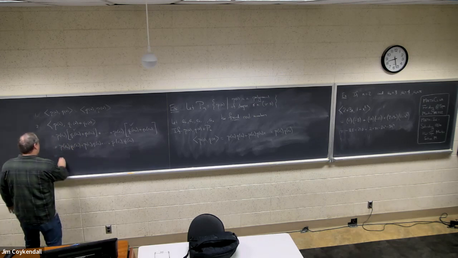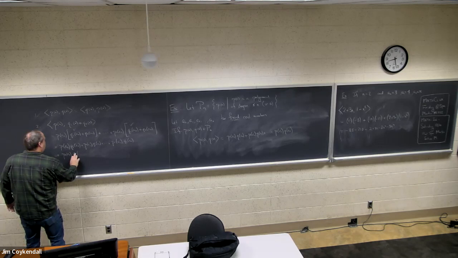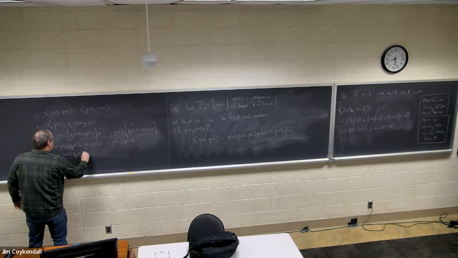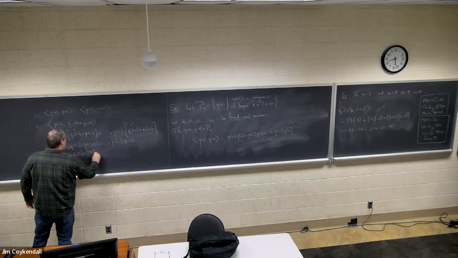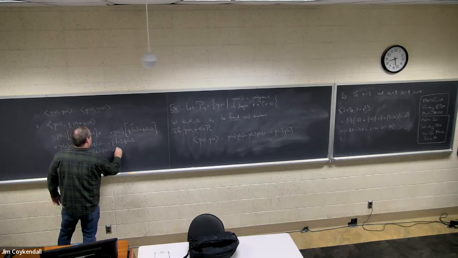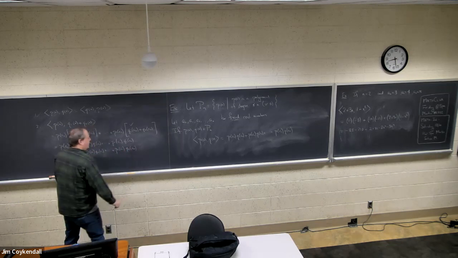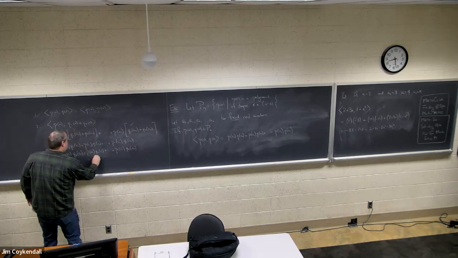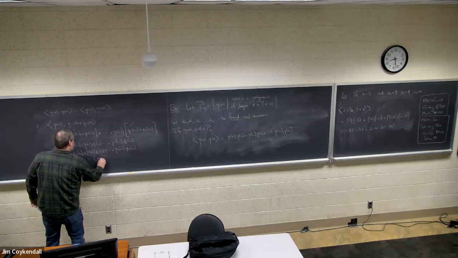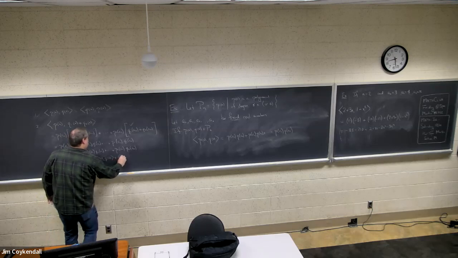Now I can distribute out the second one: Q2 A0, Q2 A1, Q2 AN. And this is the inner product of P and Q1 of X plus the inner product of P and Q2 of X.